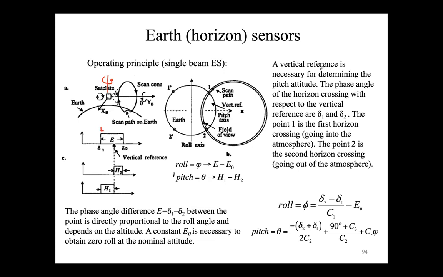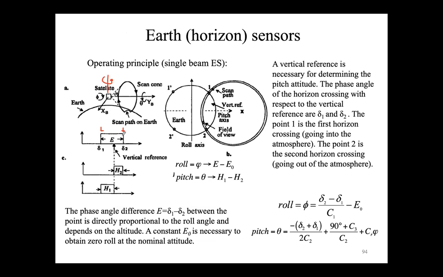When the sensor is not looking at the Earth, you're going to lose the signal here, and so you have two measurements, delta 2 and delta 1.